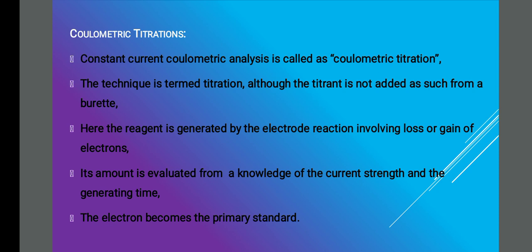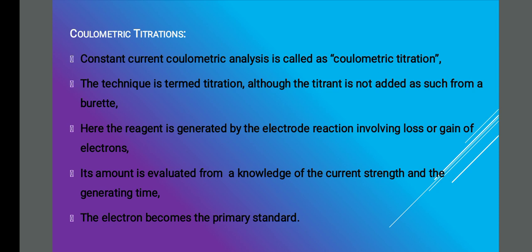I said yesterday, Q is equal to I into T, where Q is the quantity of electricity supplied, given in coulombs, I is the current strength and T is the time taken for passing this current. So these measurements are used in coulometric titrations.